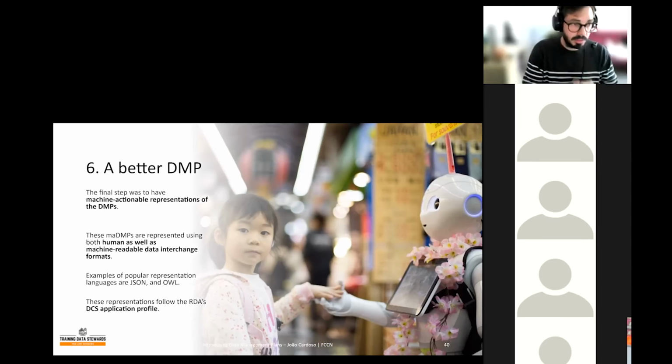Moving on, the final step was obviously to have a machine actionable as well as human actionable representation of DMPs. And this is important because if you have a machine readable representation of the DMP, then you can start to do automation on top of the knowledge that is represented in the DMP.